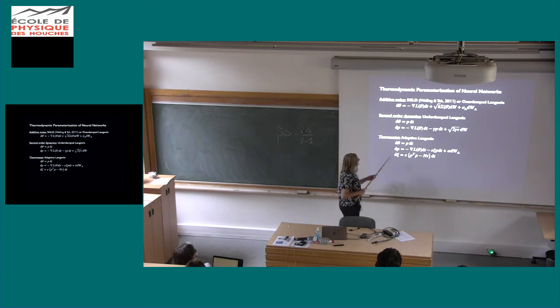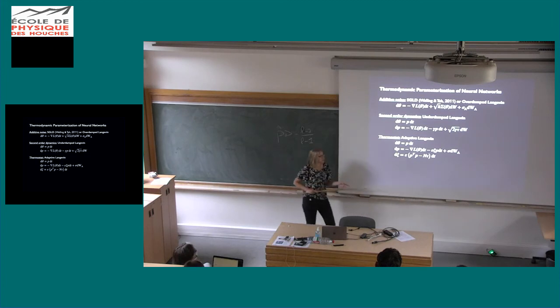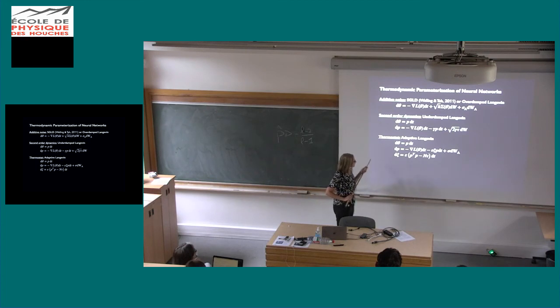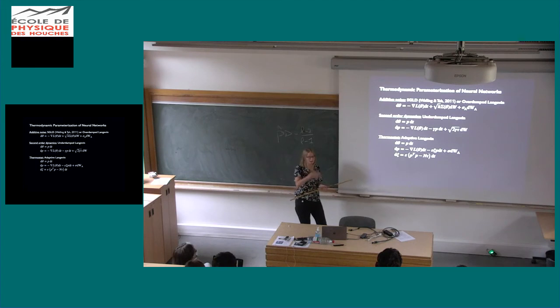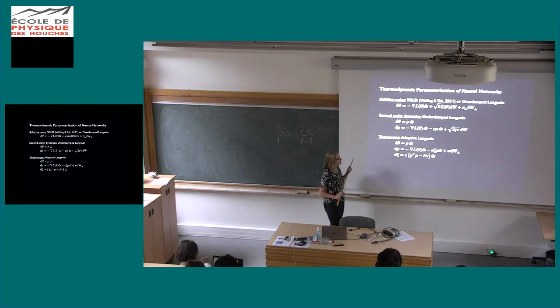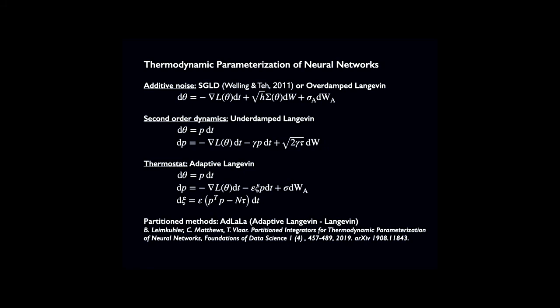And by having this auxiliary variable here, they have some sort of feedback law. And so the idea of this is that you can dissipate excess noise as a sort of thermostat idea, where you can maintain the correct energy in the room, the correct temperature in the room. And so the idea is that you still have the same invariant distribution. And so we looked at this in this work.